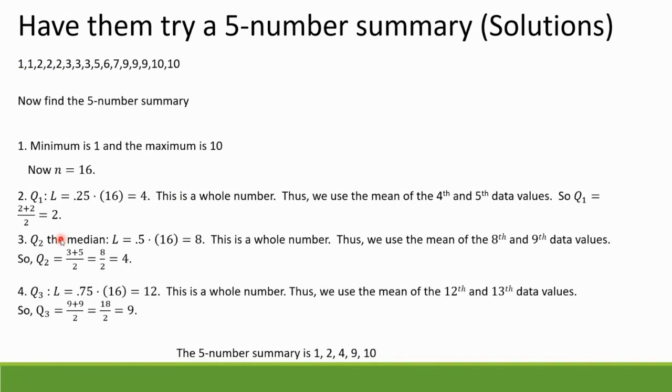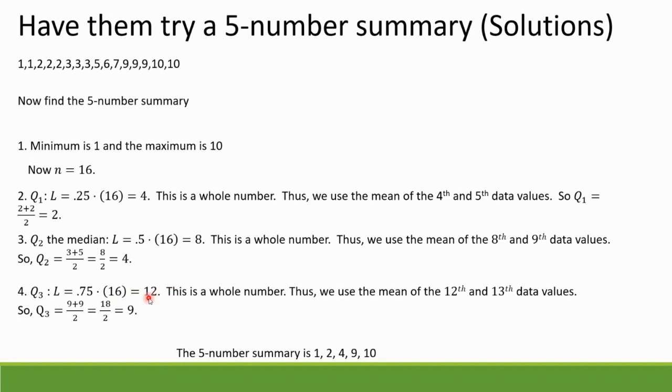Now, Q3, what do we get? L is 0.75 times 16, which turns out to be 12, another whole number. If it was a decimal, remember, you have to round up to the next whole number and then get the data value in that position.